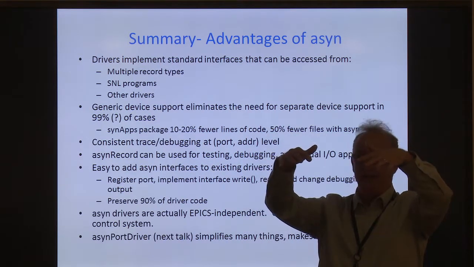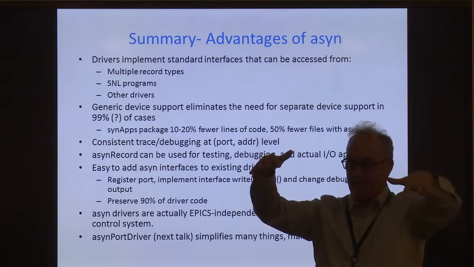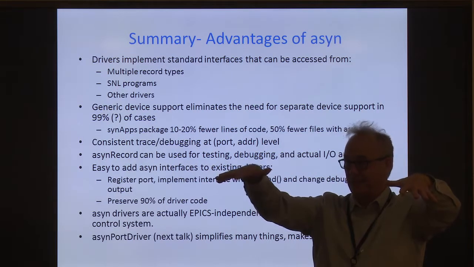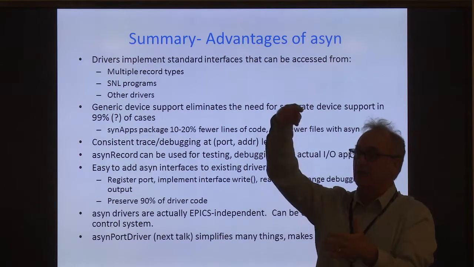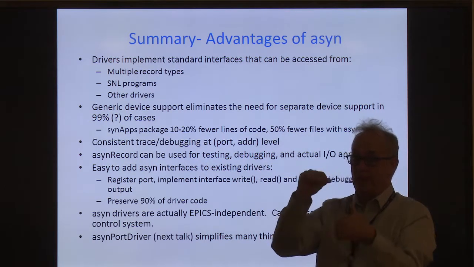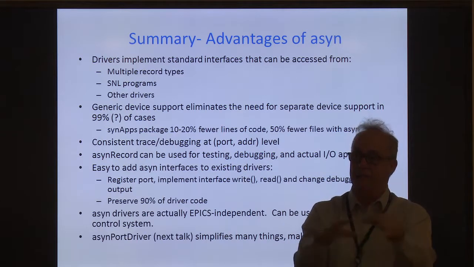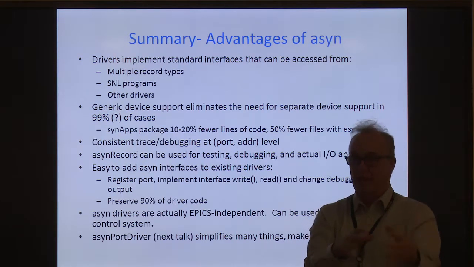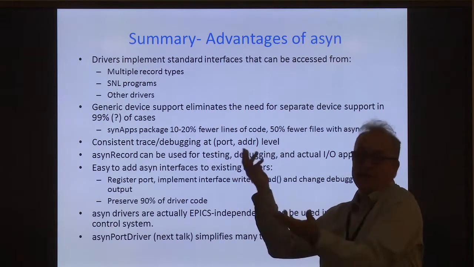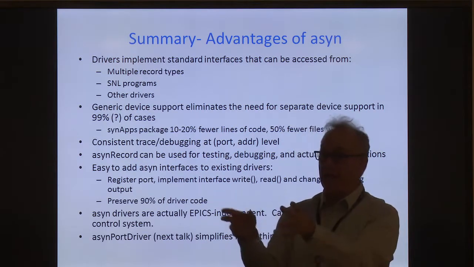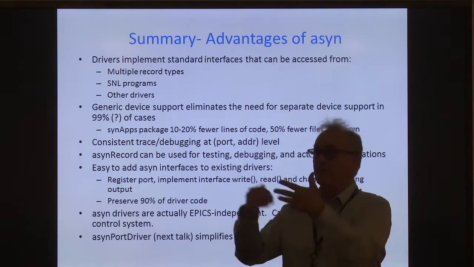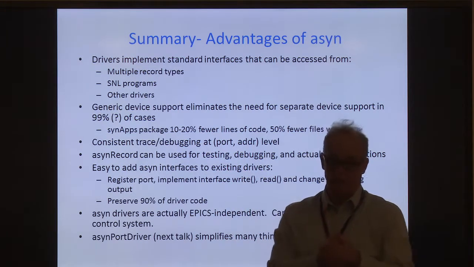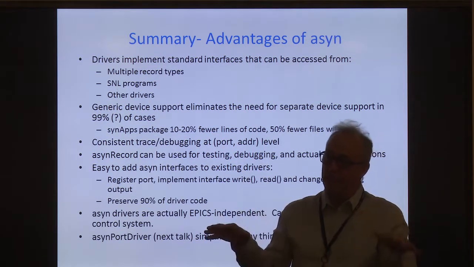Then on top of that, for the quad EM there's a base class, and for the area detector there's a base class. So we end up with a hierarchy that's maybe half a dozen classes deep. Each of those base classes handles the common features, and then the derived classes the specific ones. So if your camera fits into area detector, you could derive your driver from that, and a lot of the stuff would already be done for you.